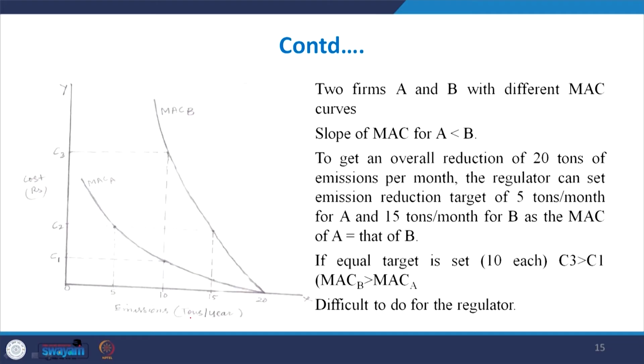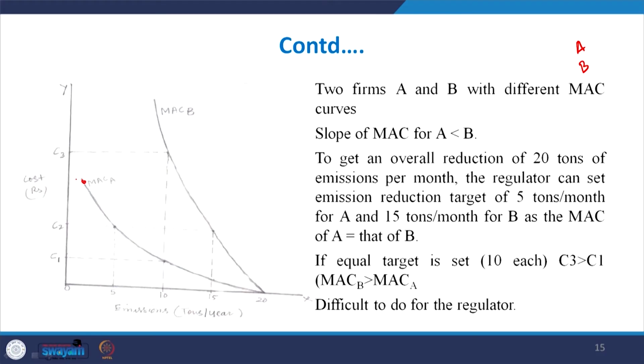So, this graph shows that there are two firms, A firm and B firm, and A firm's marginal abatement cost curve is shown here.